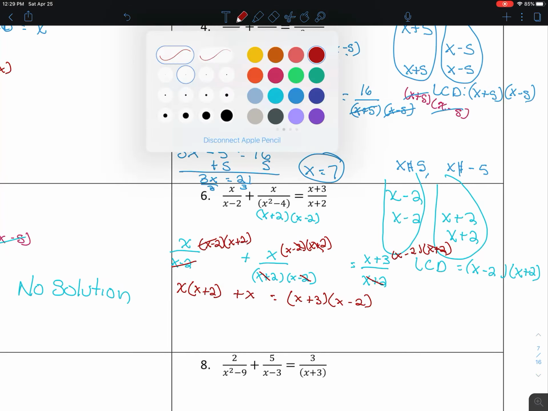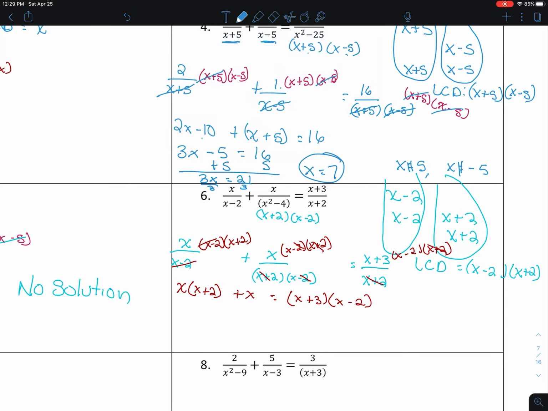All right, so now we have to just do some simplifying in algebra. So hopefully I can do this correctly. This is going to give me x squared plus 2x plus x, and that's equal to x squared. I'm just going to do that in my head right quick. That's negative 2 and 3 plus x minus 6. And that's it.